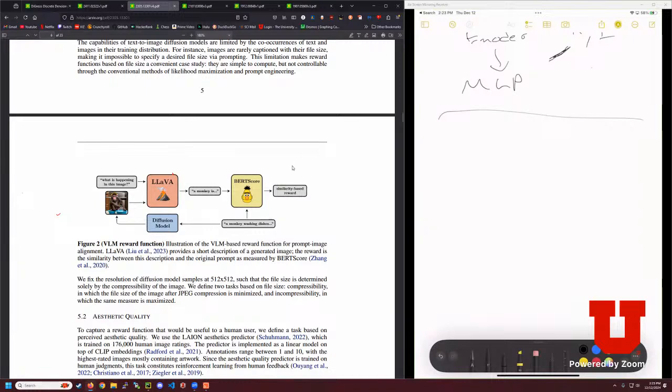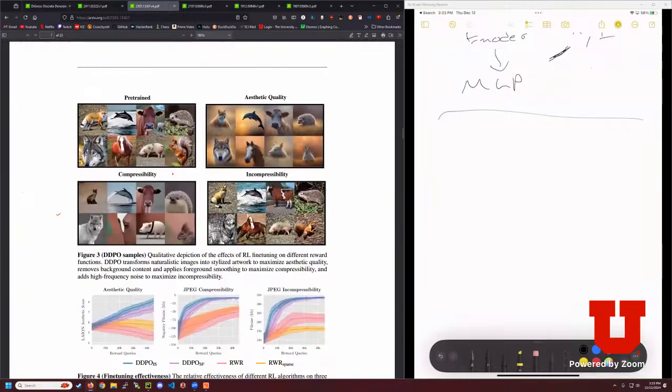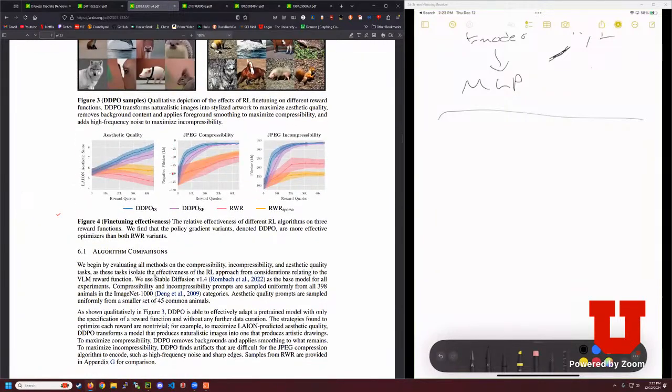Oh, so the pre-trained transformer serves as the diffusion model, a conditional diffusion model. Yeah. Okay. So they use Stable Diffusion version 1.4 as the base model.